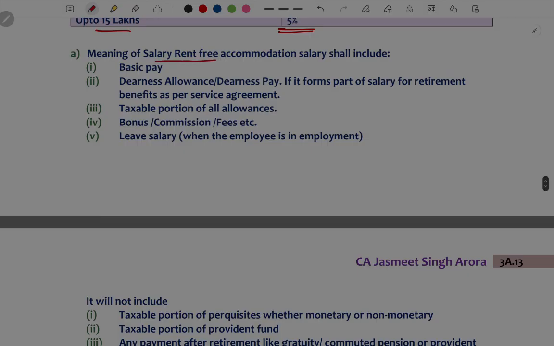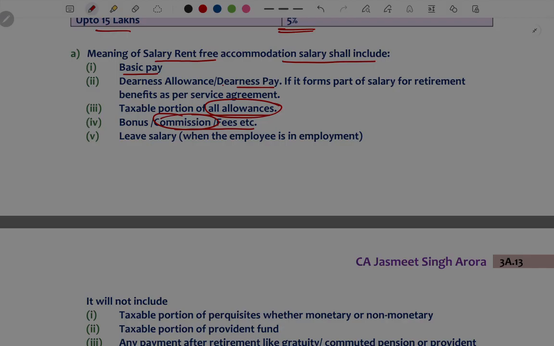The salary for rent-free accommodation shall include basic pay, DA, taxable portion of all allowances, bonus, commission, fees, etc. Here the commission is not the percentage, the whole commission is considered.